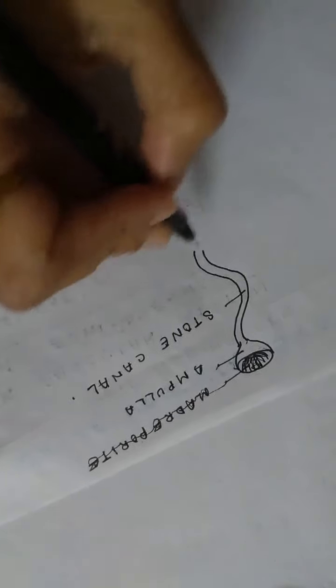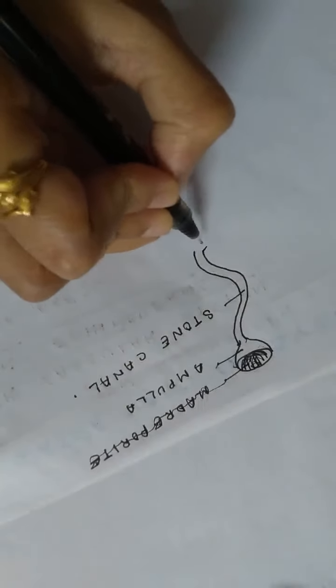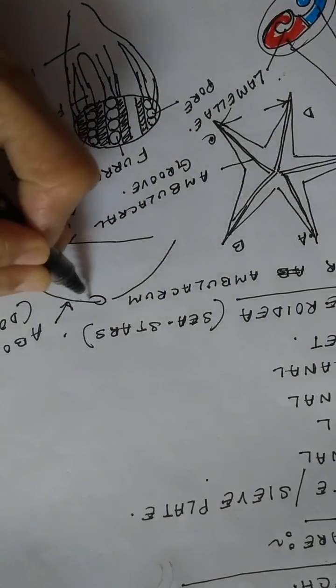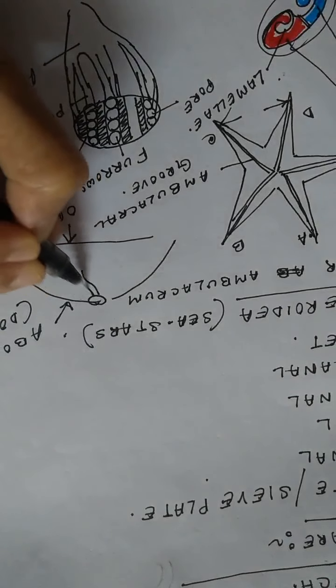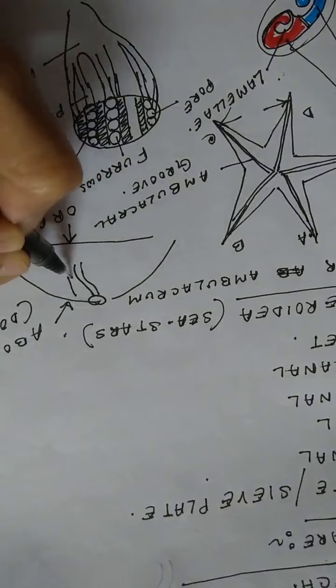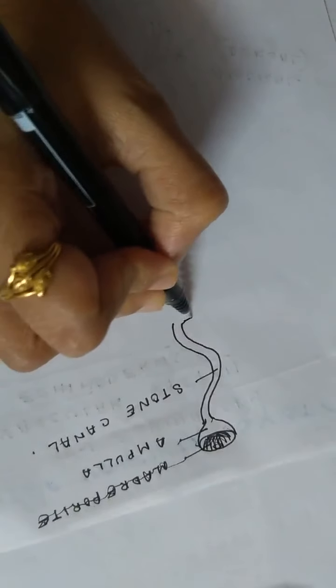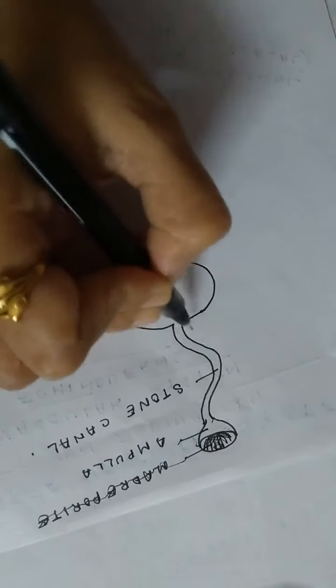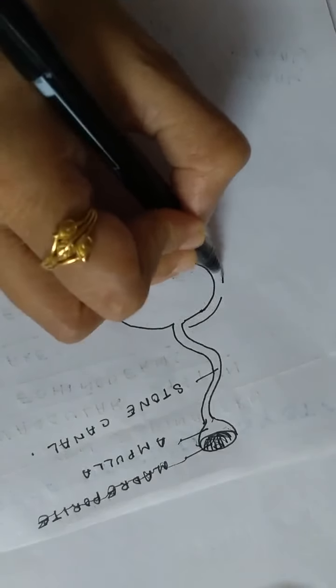Now, the stone canal descends orally, that means from the aboral surface, the madreporite, the stone canal descends downwards and attaches with a ring canal.